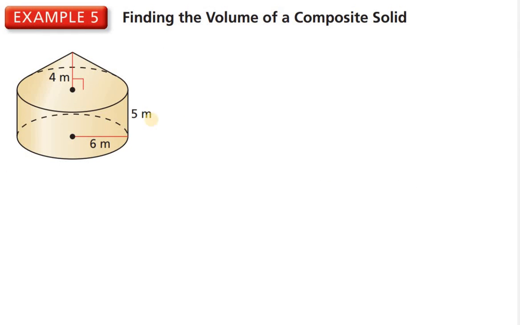All right, here we have a composite solid, and we want to find the volume of the whole thing. So we've got a cone on top and a cylinder on the bottom. So we have to find the volume of the cylinder and then add these two together, right? Add the cone to the cylinder. So the cylinder is pi r squared times the height, and that's the height of the cylinder, plus 1/3 pi r squared times the height of the cone.